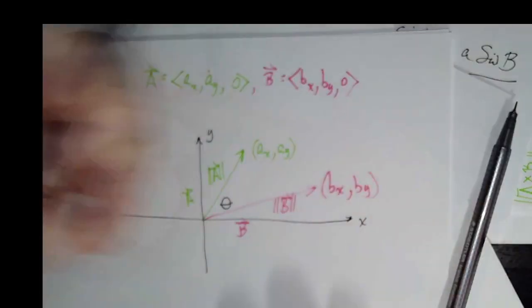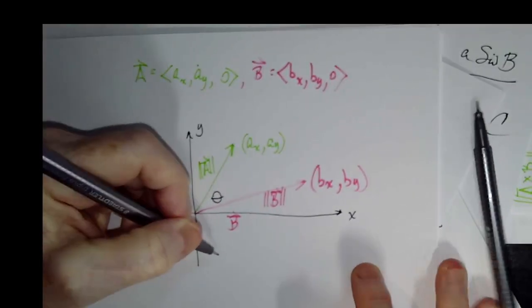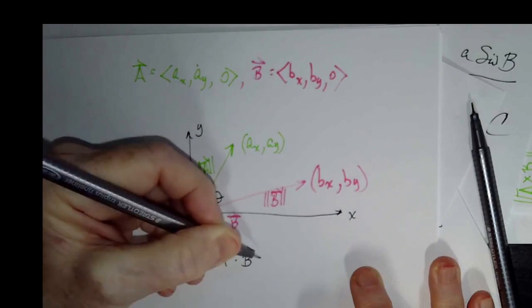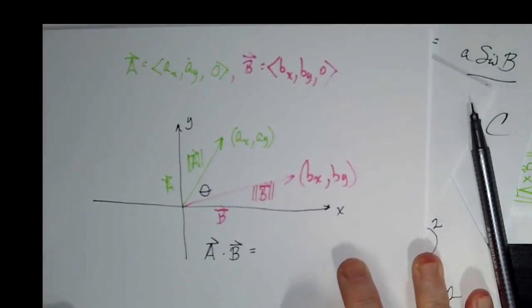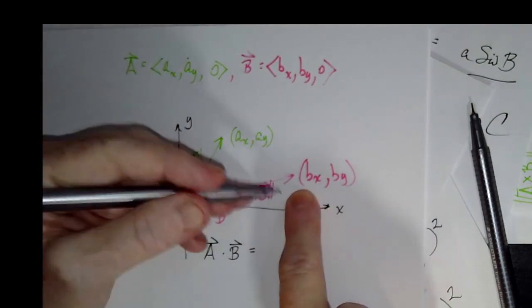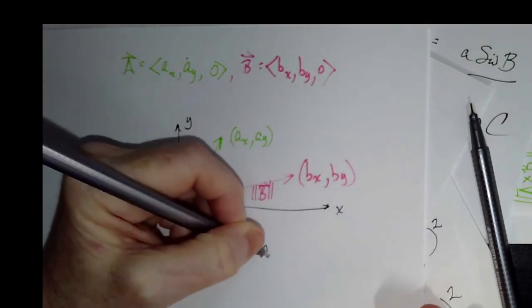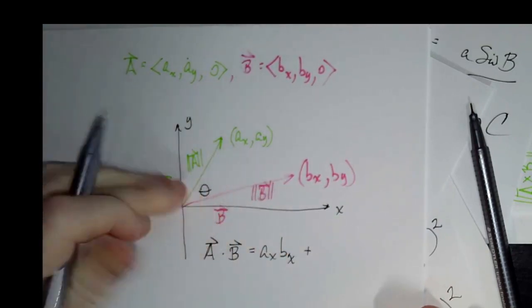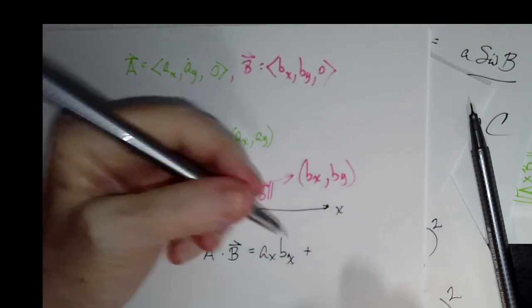Let's remember what the dot product is. So if we have A dot B, the dot product is the X components plus the Y components.